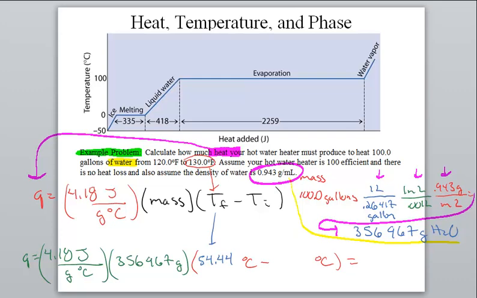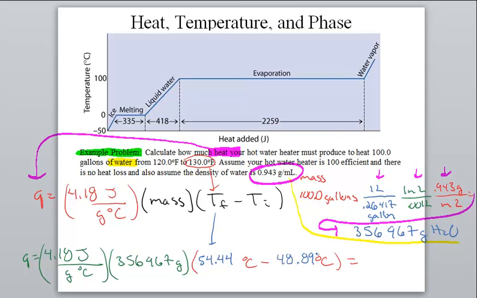And we'll give it more than two significant figures, 54.44 degrees Celsius. The initial temperature, the initial 120 degrees Fahrenheit, is around 49 degrees Celsius, 48.89 degrees Celsius. And you can tell, that change of temperature in Celsius is quite a bit different than Fahrenheit. It's important to be in the correct units.